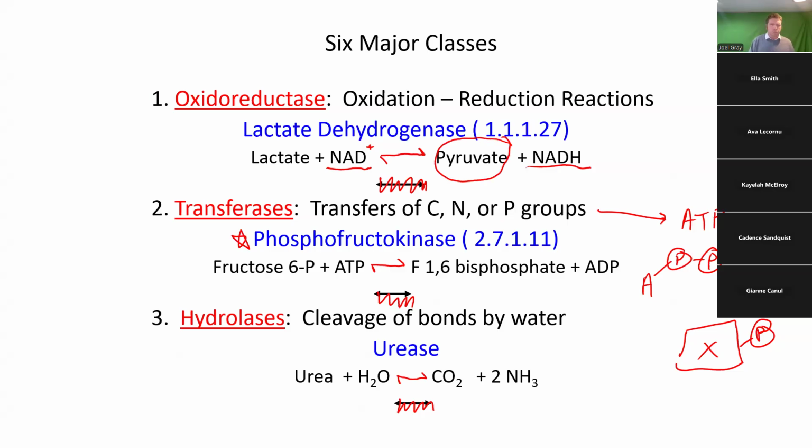Pyruvate. Okay. Pyruvate and lactate. Lactate is the ionic form of this compound. What's another term you can think of that might be important or relevant for lactate? I'm trying to think of the best way I can word this.